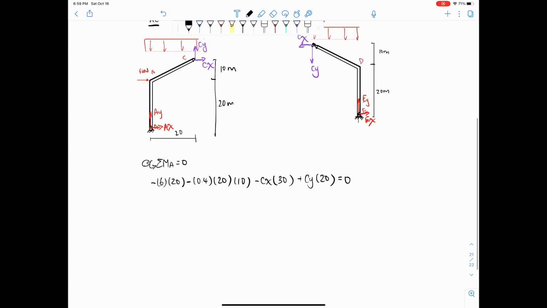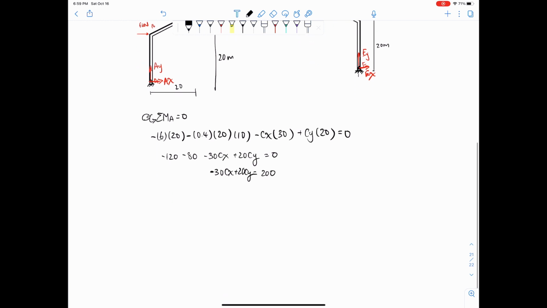Now, if we simplify this, this is negative 120, and 0.4 times 20 times 10 is equal to negative 80, and then minus 30 CX, plus 20 CY equals 0. Simplifying even more, that's negative 200, minus 30 CX plus 20 CY. So we can factor out a 10, just dividing everything by 10, which makes it a bit easier.